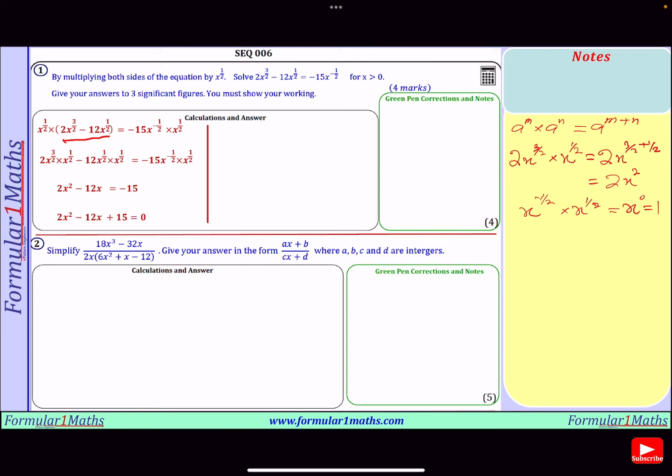We also know that for a quadratic equation of this form, the solution is obtained by this equation. x is equal to minus b plus or minus the square root of b squared minus 4ac over 2a, where, in our case, a is 2, b is minus 12, and c is minus 15.